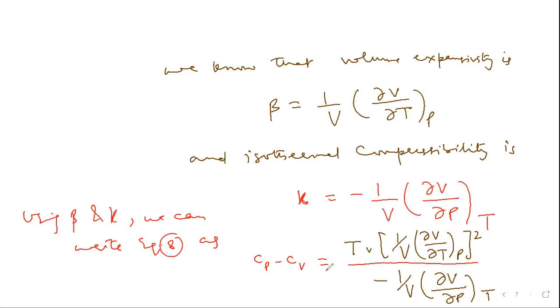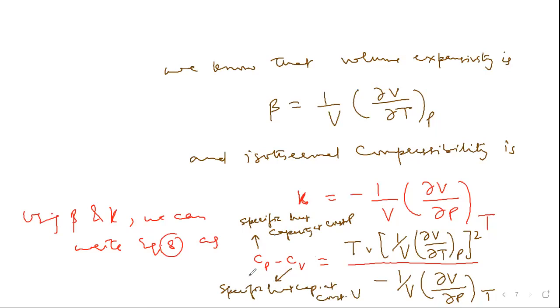Remember, this small Cp is specific heat capacity at constant pressure, and this small Cv is specific heat capacity at constant volume.